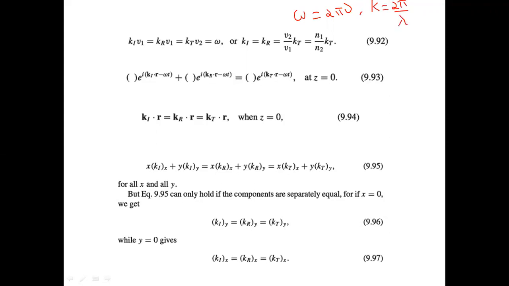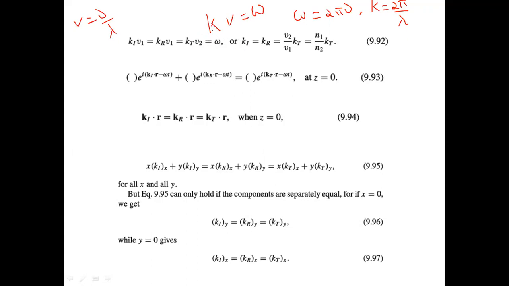So if you write it as k times v, where v is nothing but nu times lambda, this omega can be written as the propagation vector times the velocity.